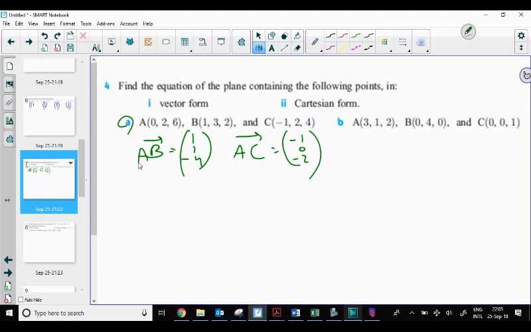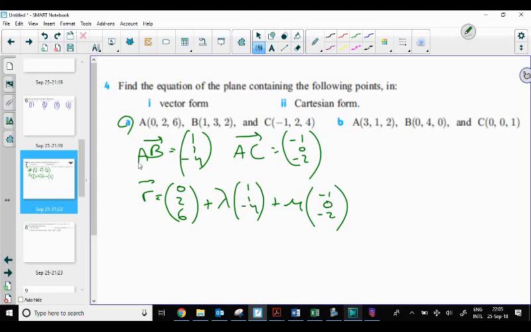So the vector equation for this plane is going to be, we'll use r is equal to my fixed point. Pick any of the points, it doesn't matter. I'll pick this one, 0, 2, 6, plus lambda times one direction vector plus mu times a second direction vector. There we go.